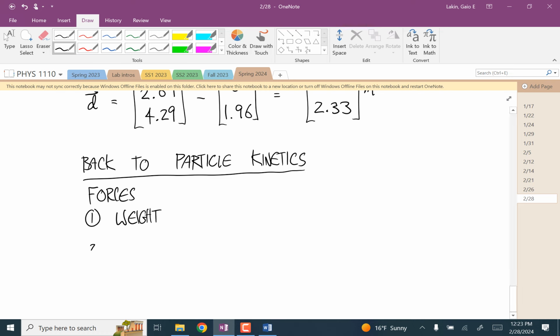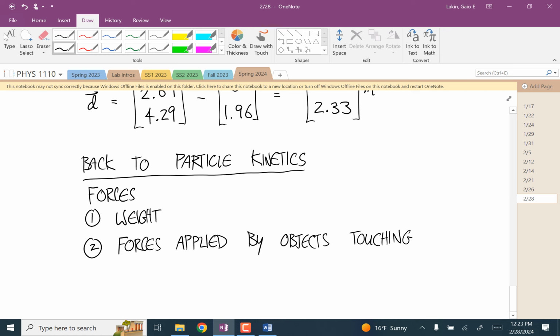And then second, the only other category of forces are contact forces. So these are forces applied by objects touching or in contact with the chosen body.